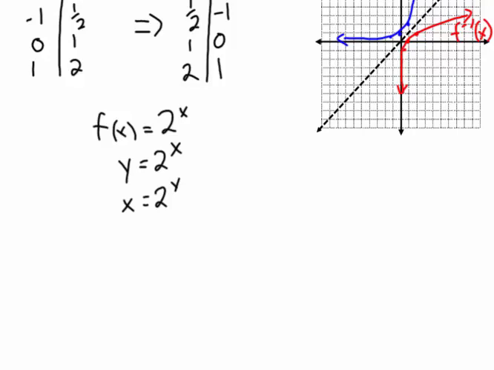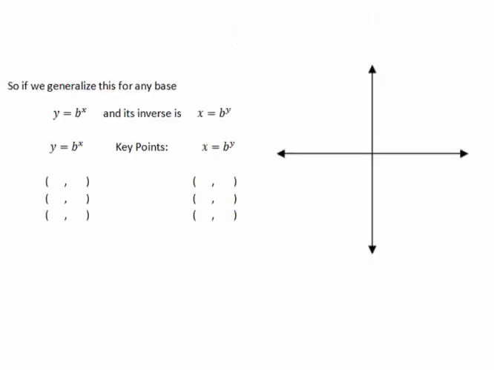But this is where we have a problem. How do we get the y value out of the exponent? How do we solve for y? Now we're going to keep that in the back of our mind because we're going to look at this inverse and we can generalize for any base.